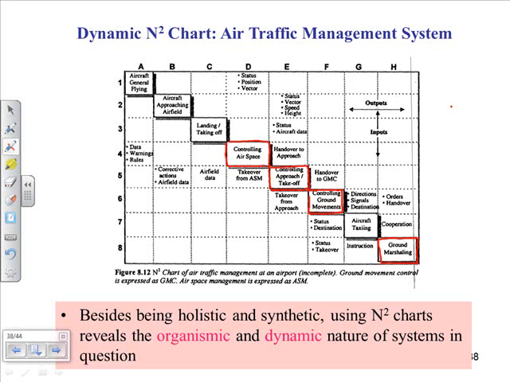Let's start with this one, aircraft general flying. So an aircraft is flying. So it's going to send information. So remember, the outflow is going to go this way, and then we're going to have the inflow this way.